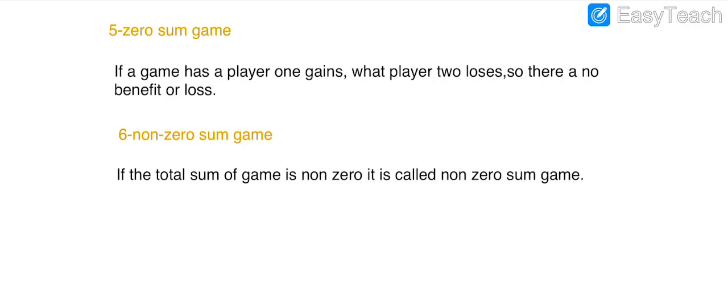Unlike the zero sum game where benefit and loss were equal, in this game benefit and loss are not equal. Maybe in some situations loss is greater than benefit, or in some situations benefit is greater than loss. Any situation can happen, but it depends upon the situation of the market according to which players are going to play.